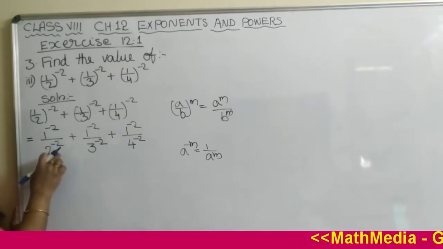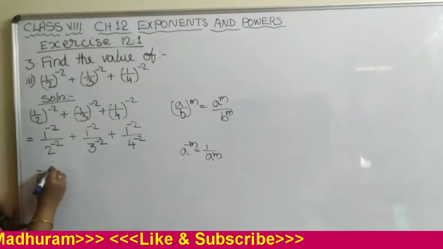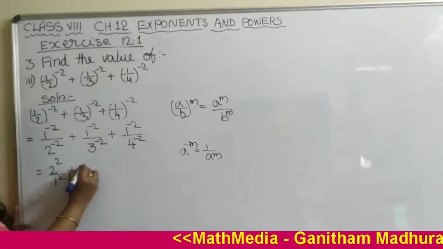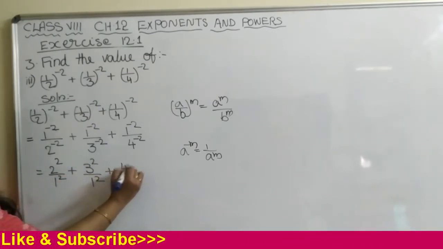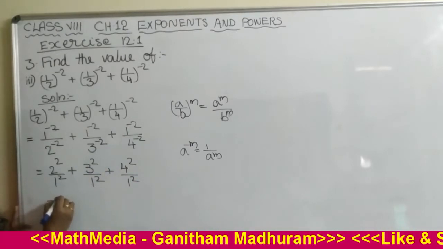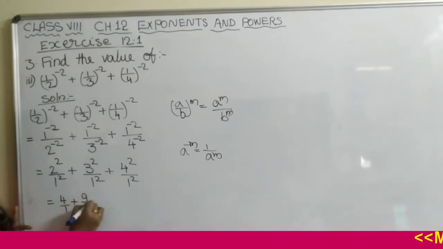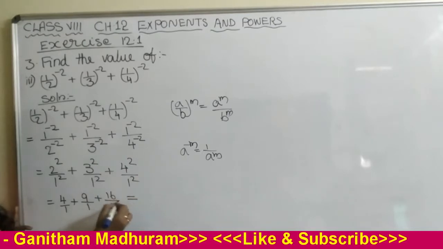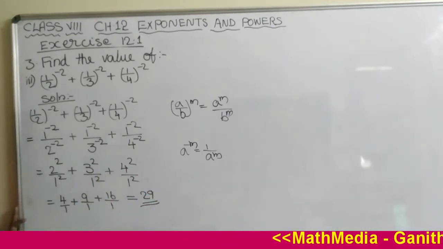So this will become the numerator and this will become the denominator. So we have 2 raised to 2 upon 1 square plus 3 raised to 2 upon 1 square plus 4 raised to 2 upon 1 square. That means 4 upon 1 plus 9 upon 1 plus 16 upon 1, which gives 29 upon 1, that is equal to 29.